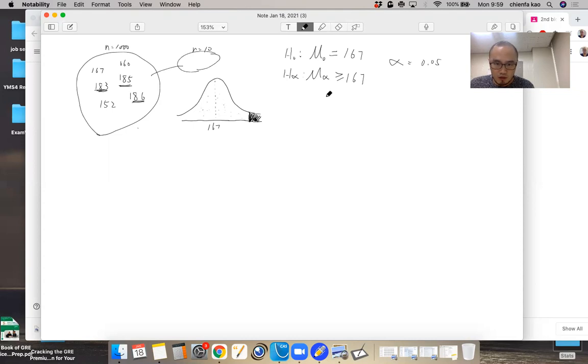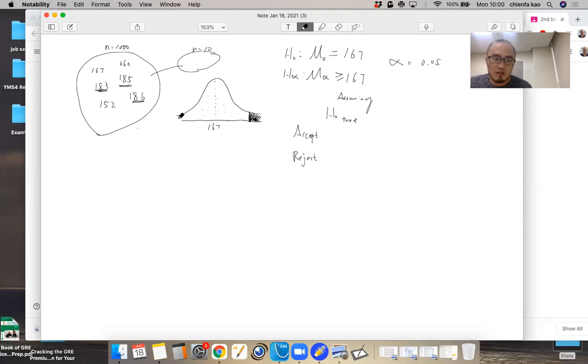So this is assuming the null hypothesis is true, and then you can accept it or you can reject it. So that means that you will accept the fact that KIS has 167 as an average height 95% of the time.